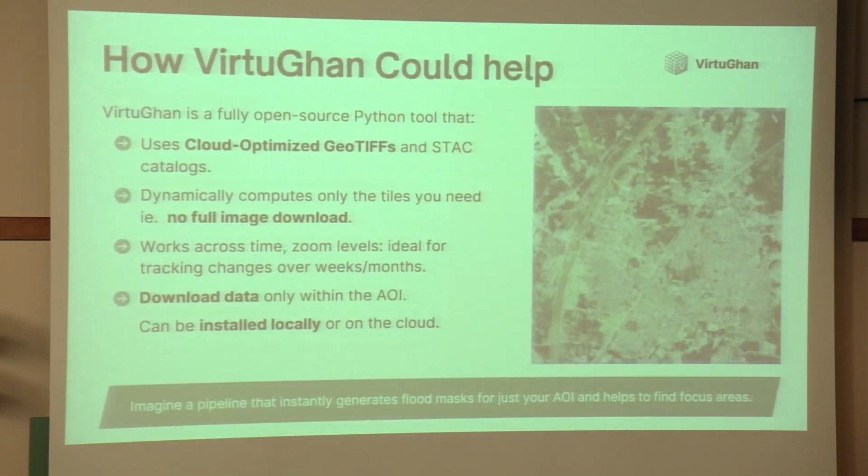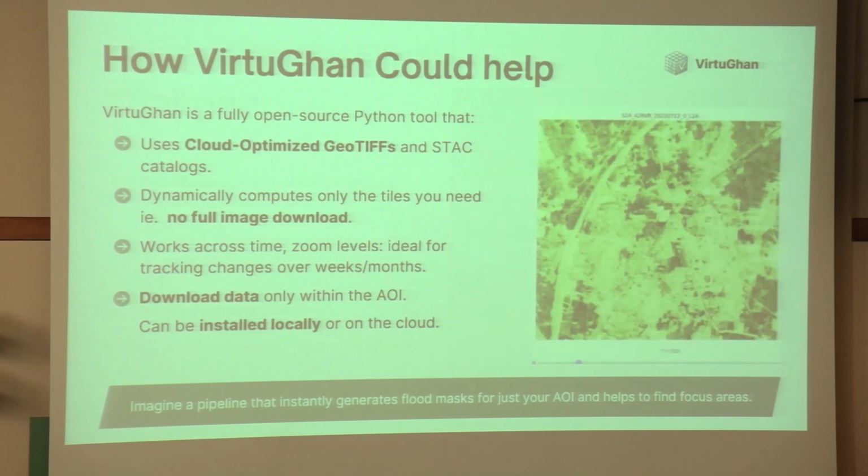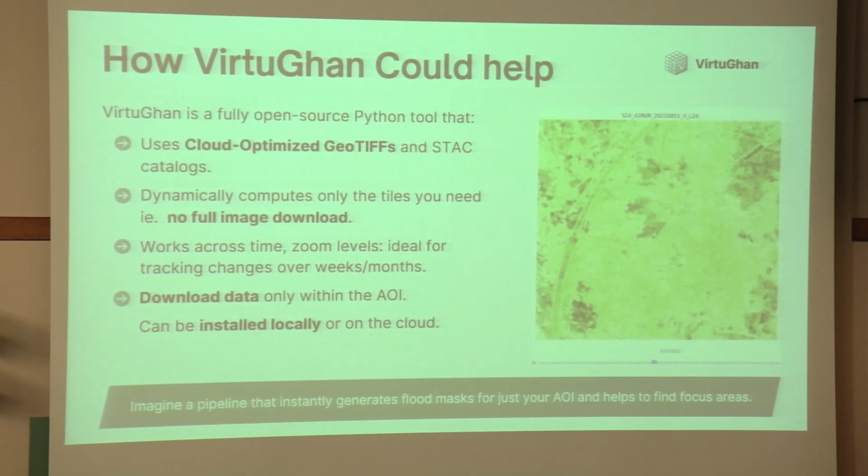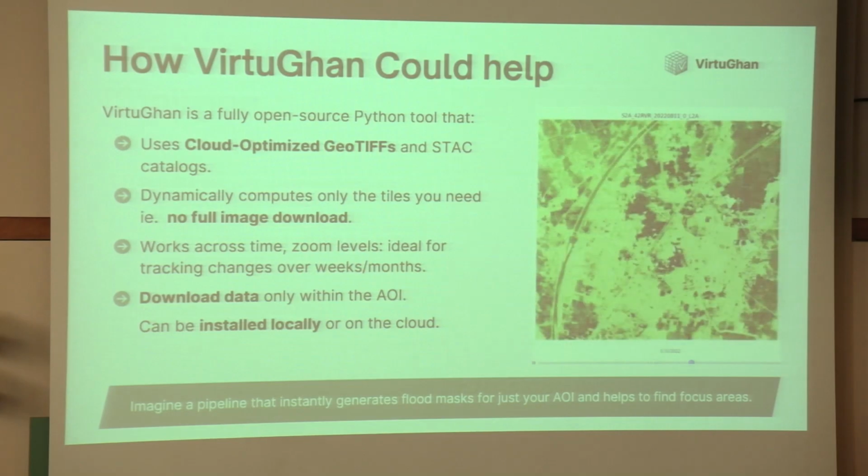And how could VirtuGhan help? Yes, we are trying to tackle that challenge so that only a small portion of the image can be downloaded, so that people can use it on their computers, or even within VirtuGhan they can compute themselves, generate the result and download the result itself.